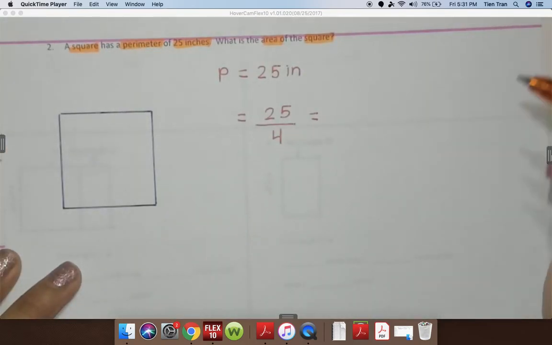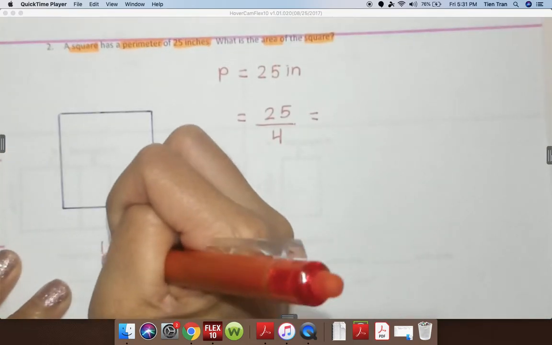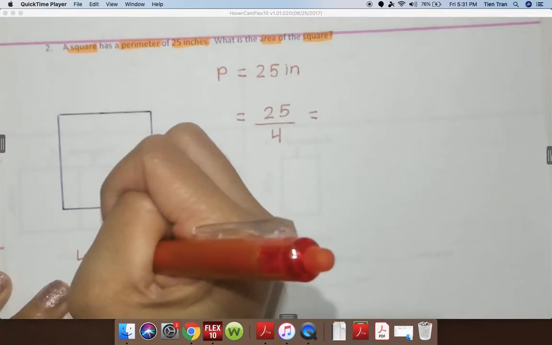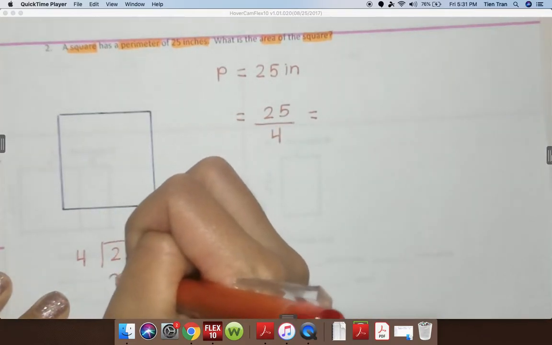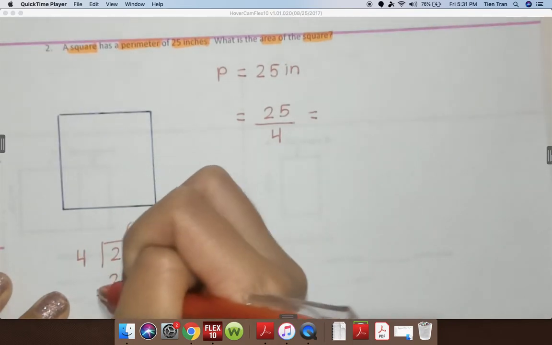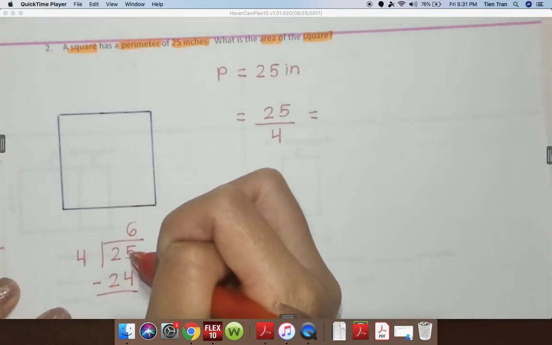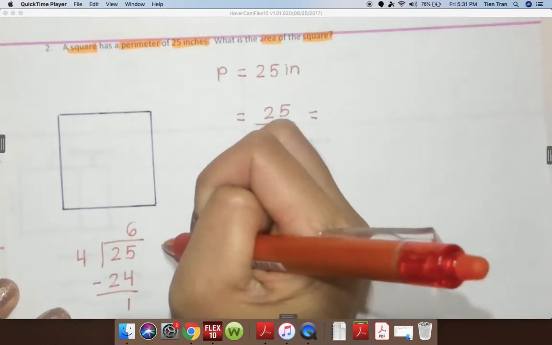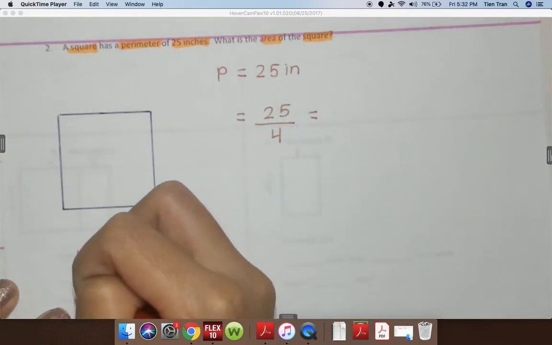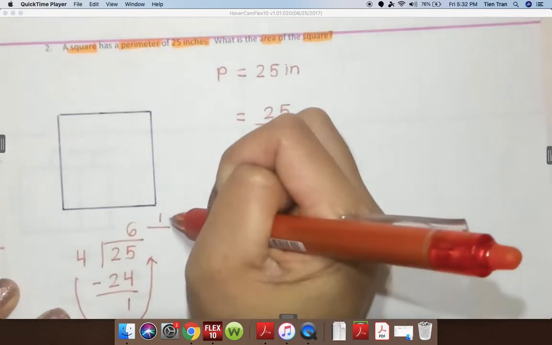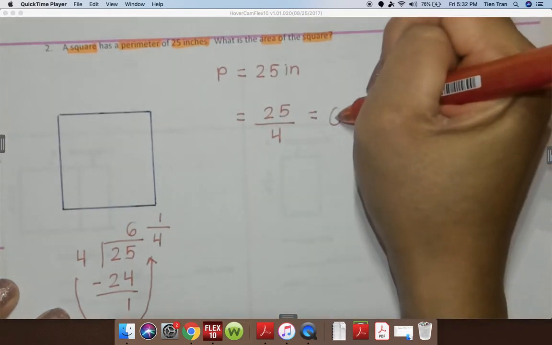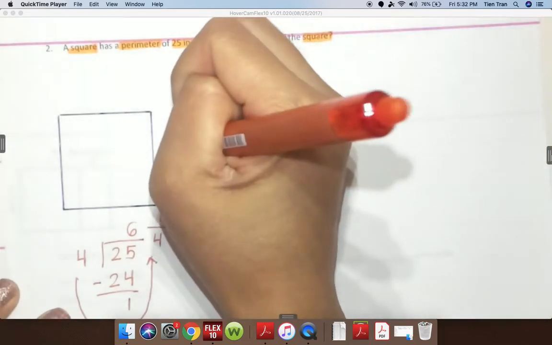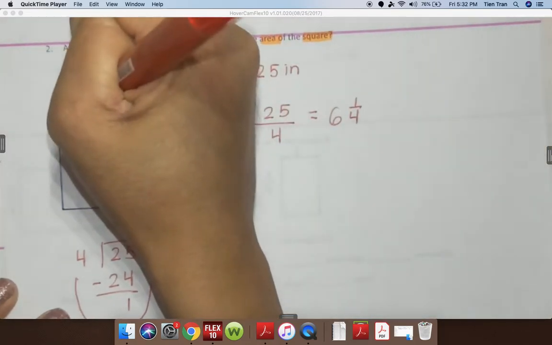I have 25 divided by 4. I know that 4 can go into 25 6 times. 6 times 4 is equal to 24. 25 minus 24 is equal to 1. That is my remainder. So my remainder is going to become my numerator, and my 4 is my denominator. So each side is equal to 6 1/4.